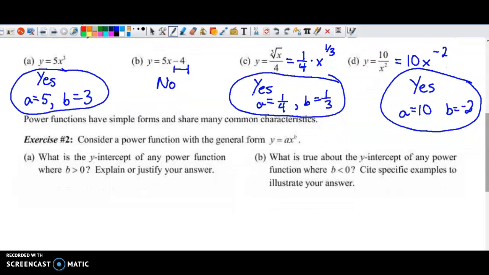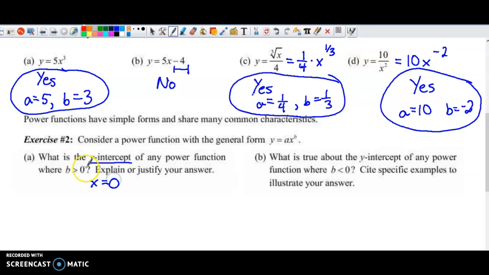And what we want to do is play around with this, and then again we'll get to a calculator, is discuss what has to be true of a y-intercept. Hopefully you haven't forgotten that the y-intercept is always when x equals 0.